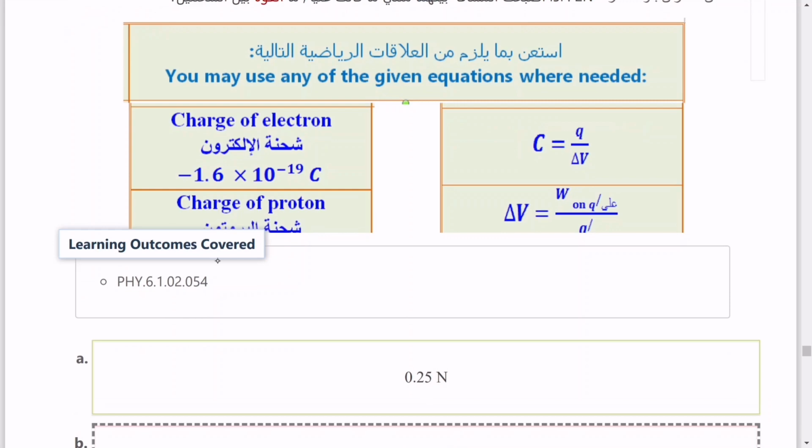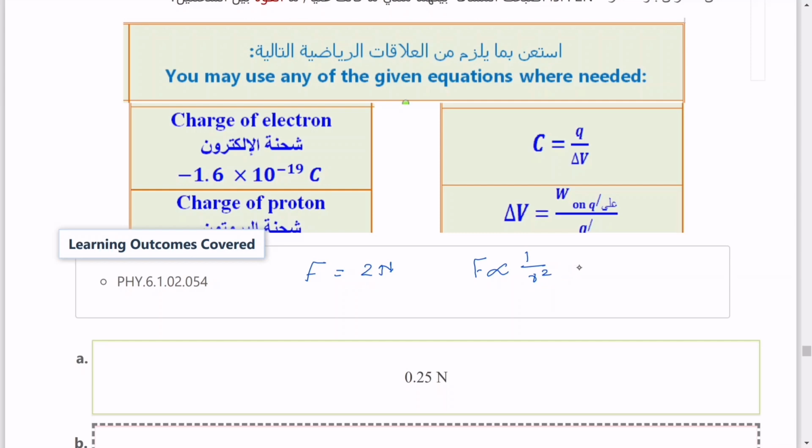See here, initially the force is equal to 2 Newton, and if the distance is doubled, we know that the force is inversely proportional to the square of the distance, right?